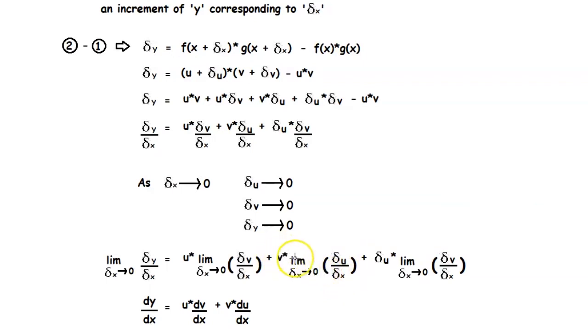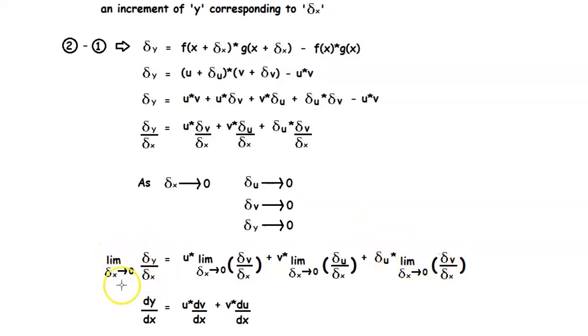Here v acts as a constant, and here delta u multiplied by limit of delta v divided by delta x as delta x tends to 0. So here we see that as delta x tends to 0, delta u will also tend to 0. So this whole thing will be equal to 0.